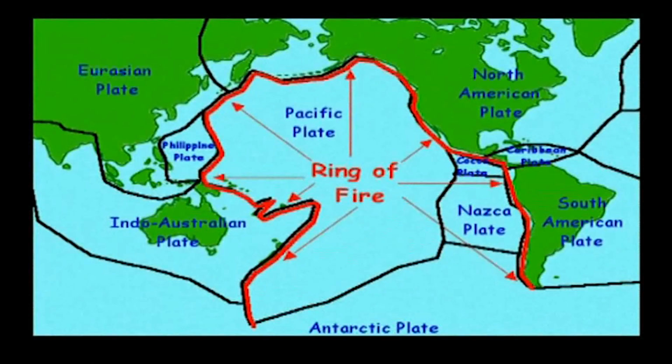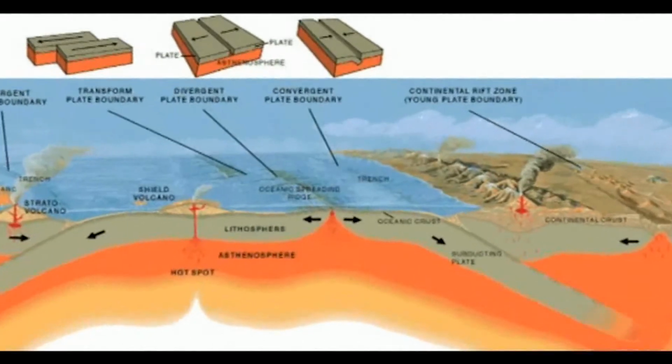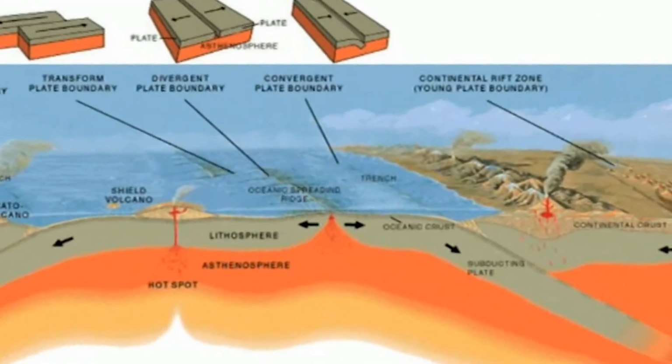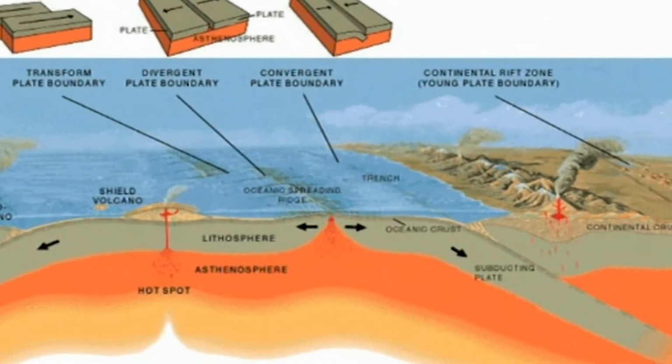The Pacific and Antarctic plates are among the largest plates. Plate thickness also varies greatly, ranging from less than 15 kilometers for young oceanic lithosphere to about 200 kilometers or more for ancient continental lithosphere. Plates ride on the asthenosphere.